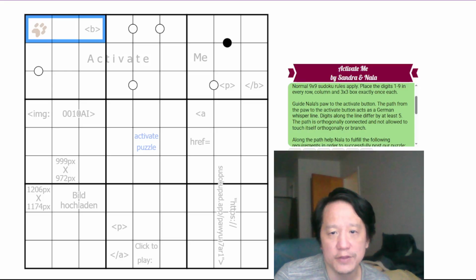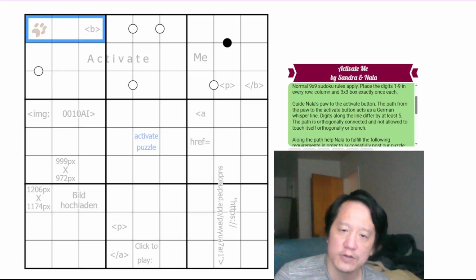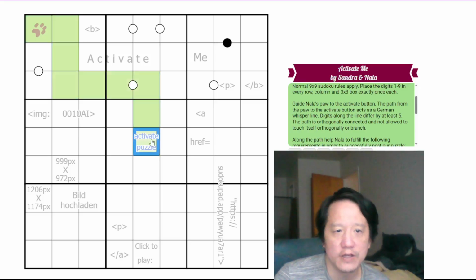So the path is orthogonally connected, which means it must go along edges. So the path could be something like, say, this would be valid. This, however, would not be because it's not orthogonally connected on this part.